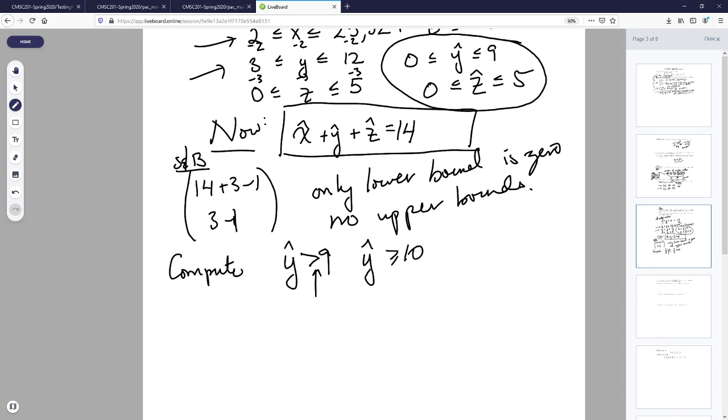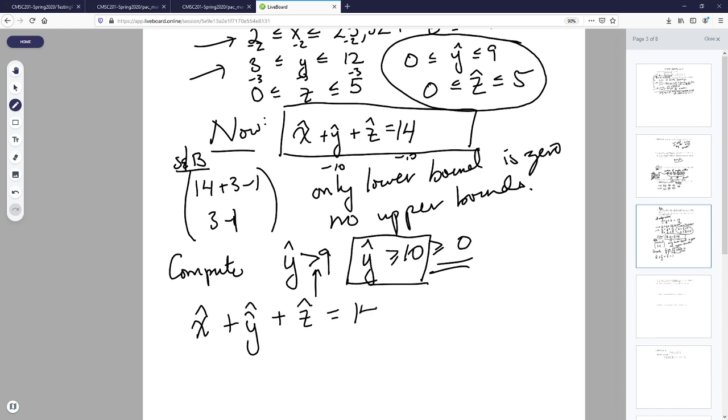So now our new lower bound, so technically we have 2 lower bounds now, but this one stopped mattering. We're going to have this lower bound, which is y hat is bigger than or equal to 10. So we're going to subtract off 10 from both sides, so we get x hat plus, say, y double hat plus z hat is 14.